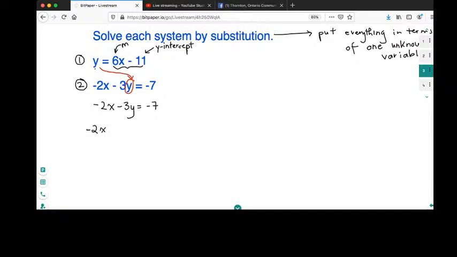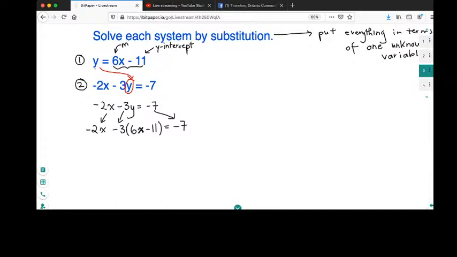Negative 2x minus 3, and instead of y, I'm going to plug in 6x minus 11, equals negative 7. So do you notice how everything else in the equation stayed the same? Even the negative 3 in the front? The only thing that changed here was y.